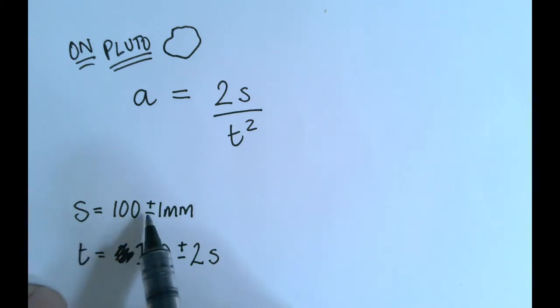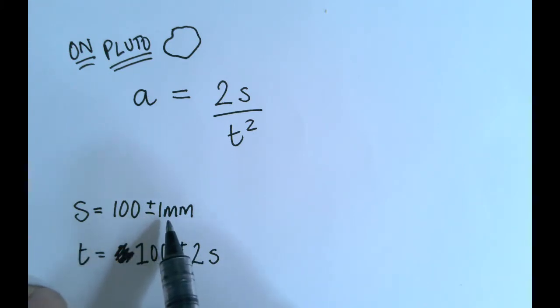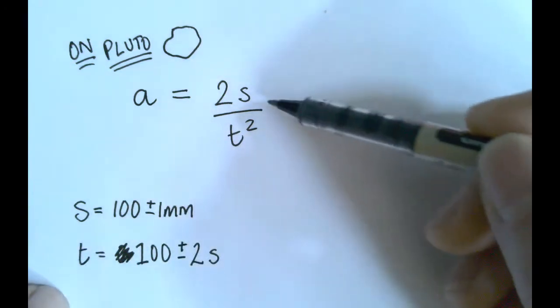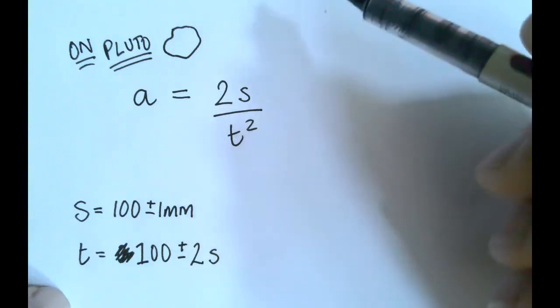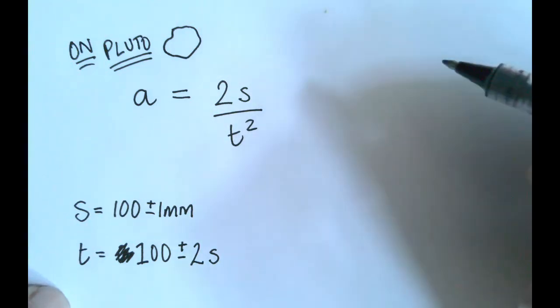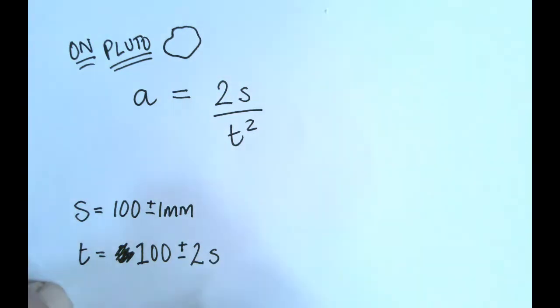So, what we have to do when we're compounding uncertainties is if things are multiplied together like the t is, or they're divided by each other, the rule of thumb is that you add together the percentage uncertainties.